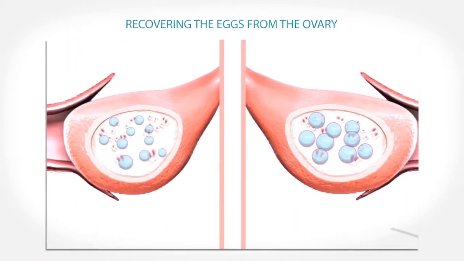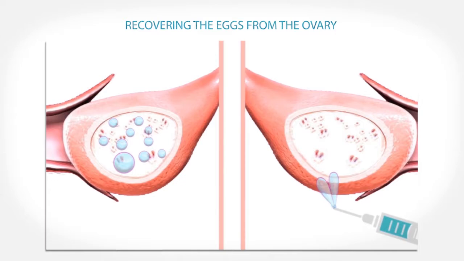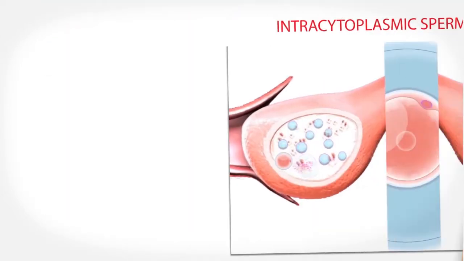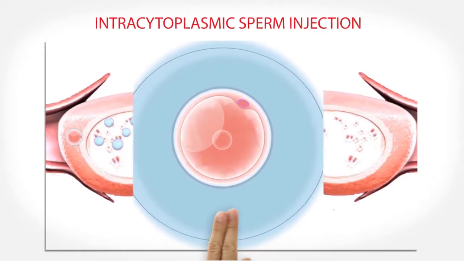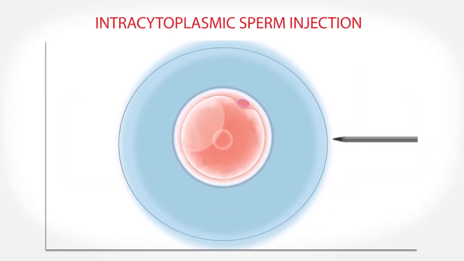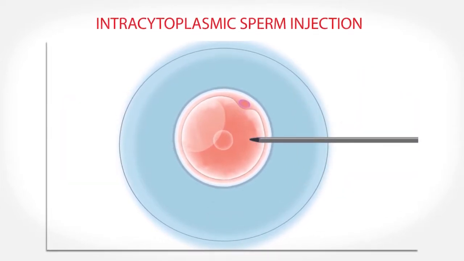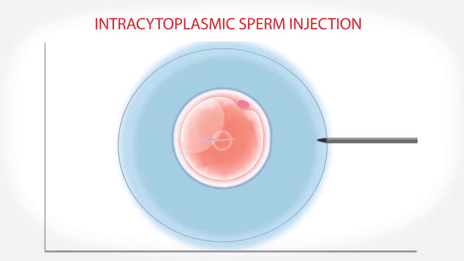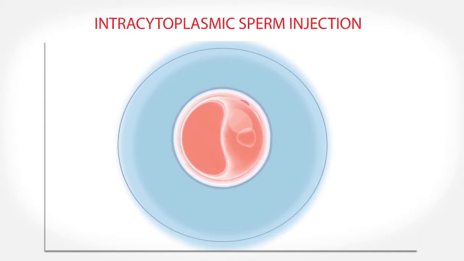Now let us know how IVF procedure occurs in the lab. After recovering the eggs from the ovary of the woman and preparing the husband's semen sample with the help of an advanced technology, that is intracytoplasmic sperm injection or ICSI, the egg and sperm are fertilized. 18 hours later, fertilization check is done where we get to know how many embryos are formed.